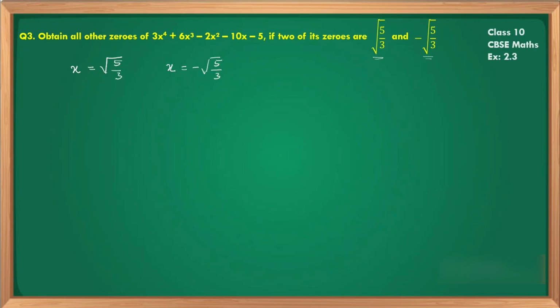Now you have to transfer root 5 by 3 to the LHS. This becomes x minus root of 5 by 3. And this becomes x plus, when you take this minus this side, that becomes plus root of 5 by 3. Now this and the other one, you have to multiply together.